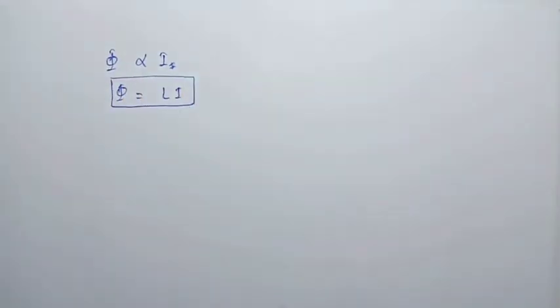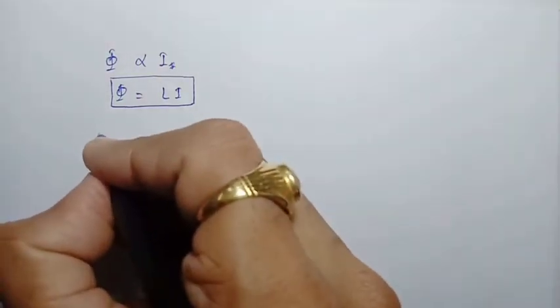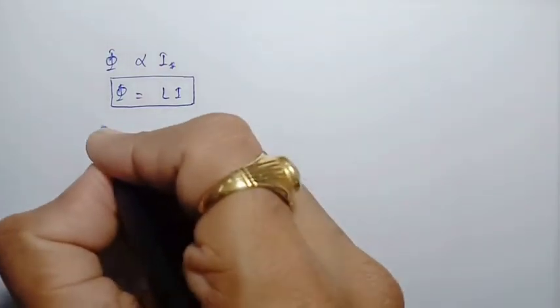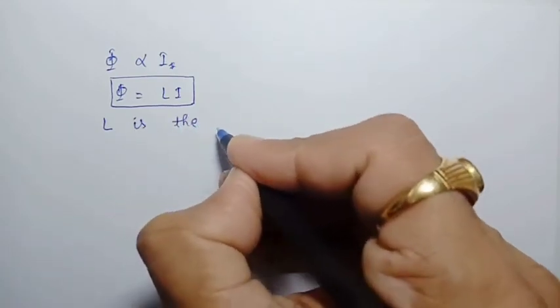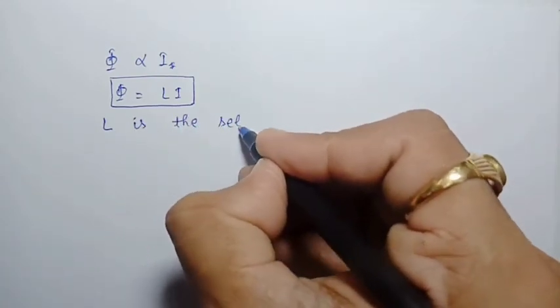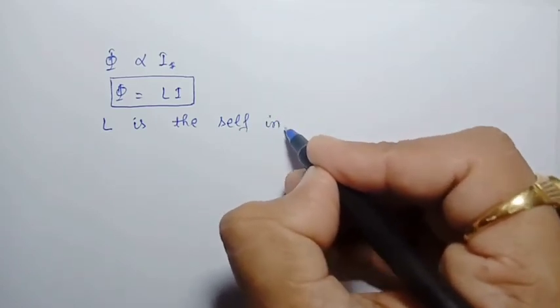So flux is equal to Li. L is the proportionality constant and is known as self-inductance.